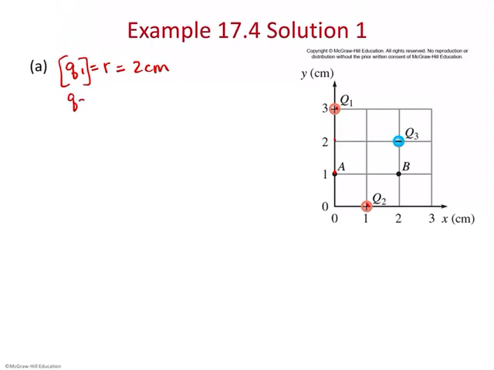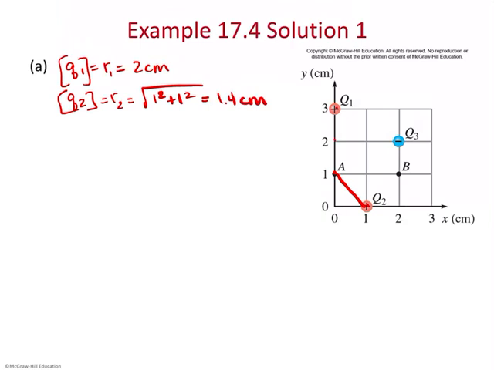That's this distance right here. Okay, so I've got an angle here. So how do you do it if it's at an angle? You're going to have to do the Pythagorean. So we've got 1 squared plus 1 squared, which is the square root of 2, which is 1.4 centimeters.